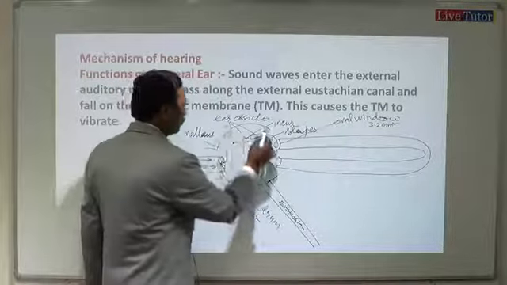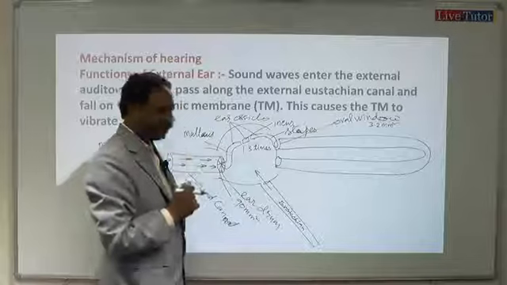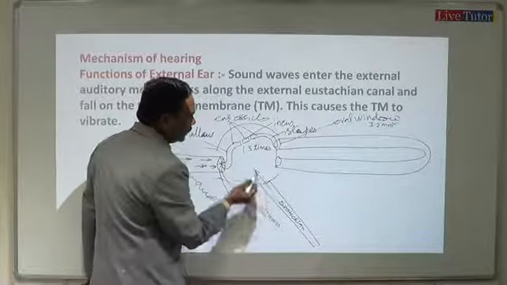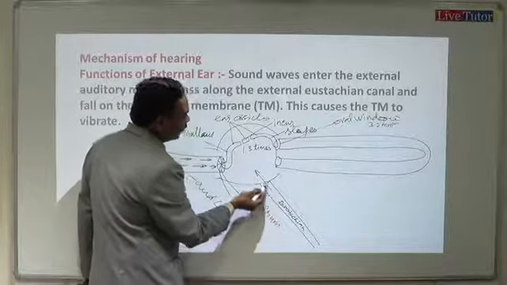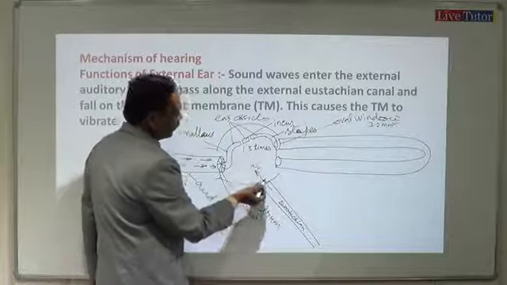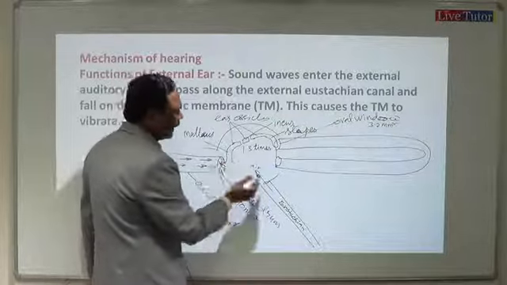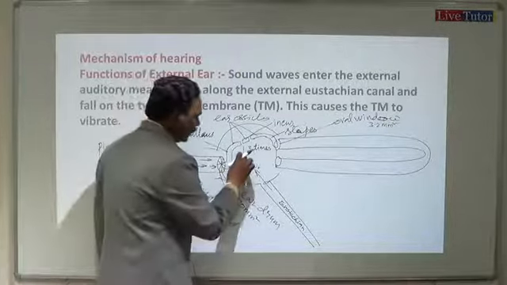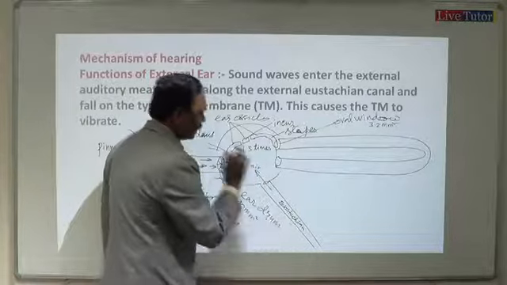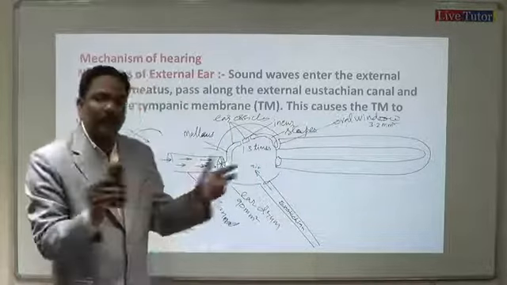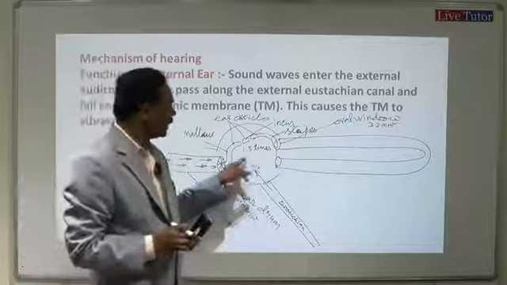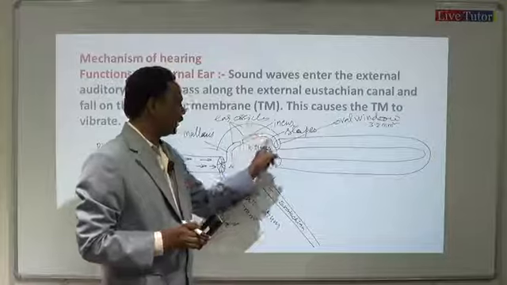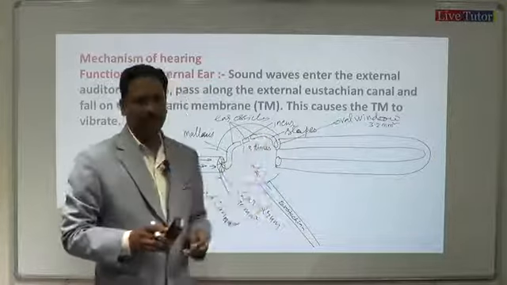The middle ear is a bony labyrinth present in the temporal bone. It is an air-filled cavity. The Eustachian canal allows air to flow into the middle ear and maintains the air pressure. It equalizes the air pressure between the atmosphere and the middle ear, which is used for the transmission of sound vibration through the ear ossicles.